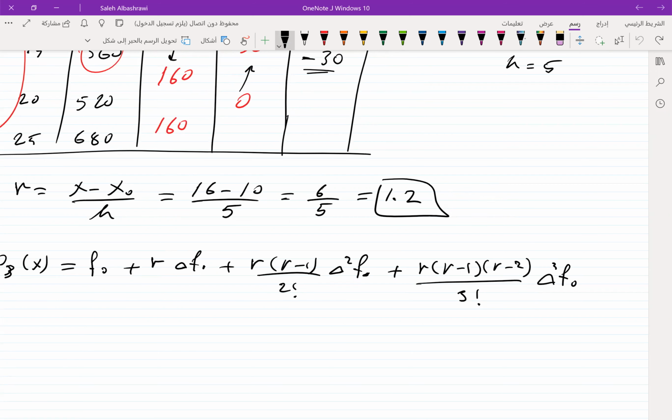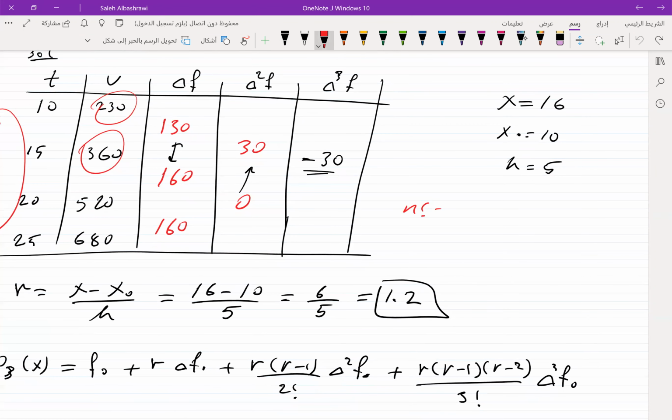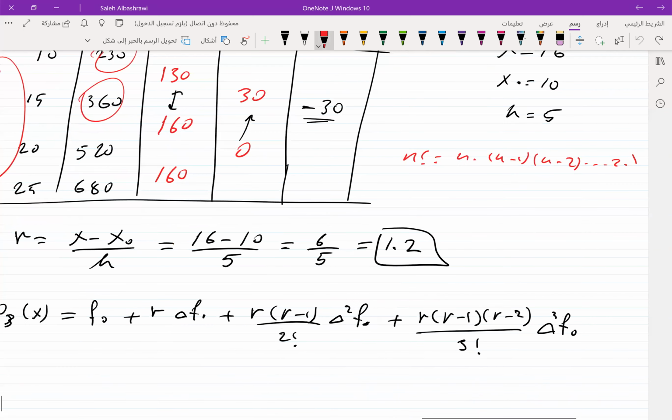By the way, because we didn't define this one, when we say n factorial, it means n multiplied by n minus 1, multiplied by n minus 2, and so on up to 2 times 1. This is the definition of the factorial.